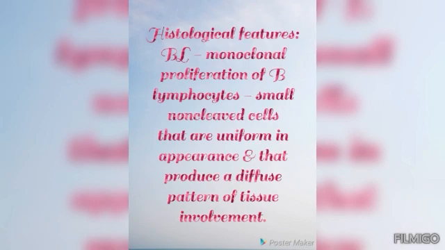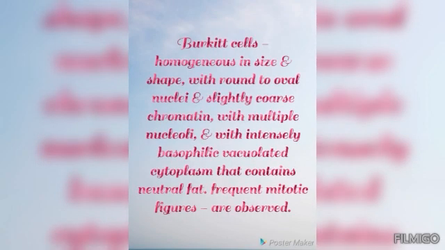What are the histological features of Burkitt's lymphoma? It is a monoclonal proliferation of B lymphocytes, with small non-cleaved cells that are uniform in appearance and produce a diffuse pattern of tissue involvement.